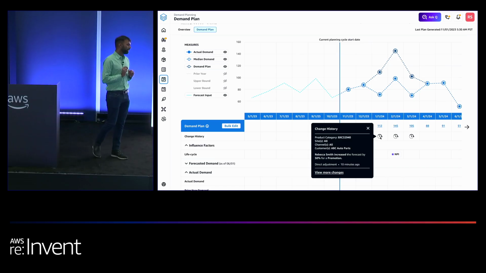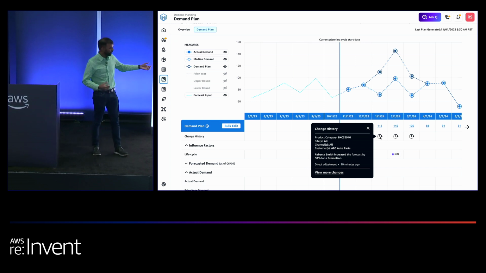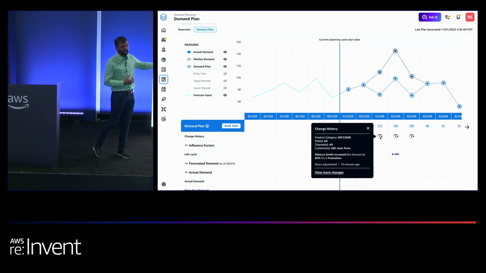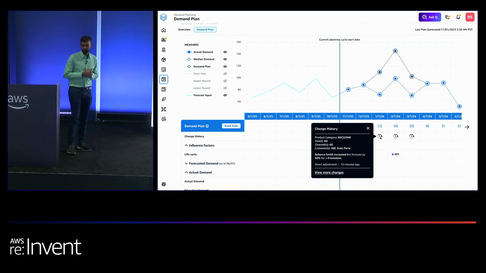That's a key thing to note, because from a demand planner perspective, the common challenge is that people tend to make changes, but they tend to forget to add a reference or the reason behind making that change, both for audit trail purposes and for future learning purposes as well. So here within the tool, not having to leave anywhere, the application inherently captures that change along with the plan. So you have that information with you.